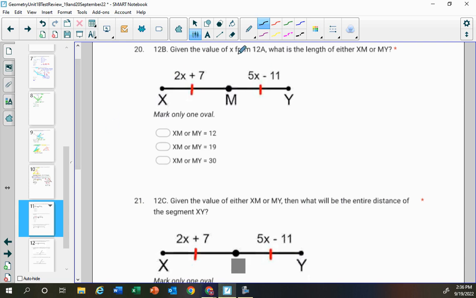So basically, we said x was 6, right? That one was a gimme, actually. Plug it in, either one.